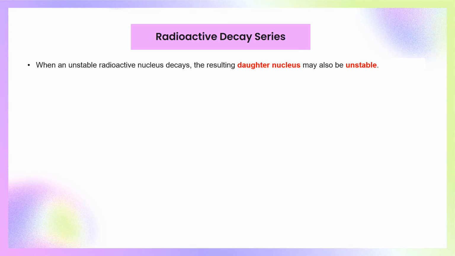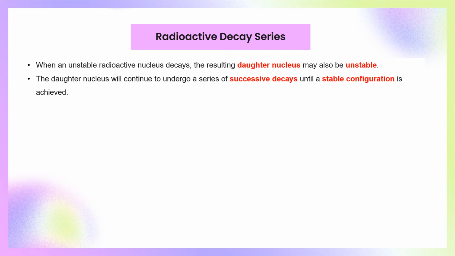When the process continues, you can imagine they will produce more energy and radiation. So, this process we call the radioactive decay series. The daughter nucleus will continue to undergo a series of successive decays until a stable configuration is achieved.